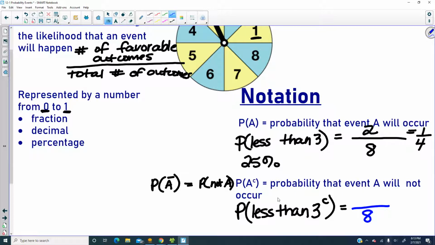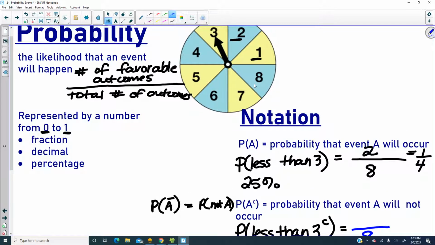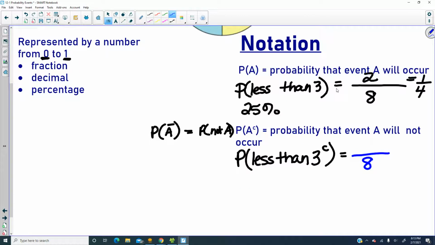So now I need to count the outcomes where I won't get a number less than 3. That could be an 8, a 7, a 6, a 5, a 4, or a 3, because 3 is not less than 3. So 1, 2, 3, 4, 5, 6. 6 ways out of 8 that I will not win.